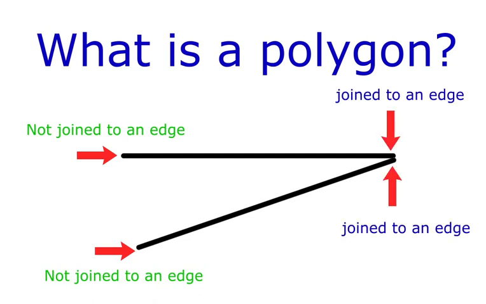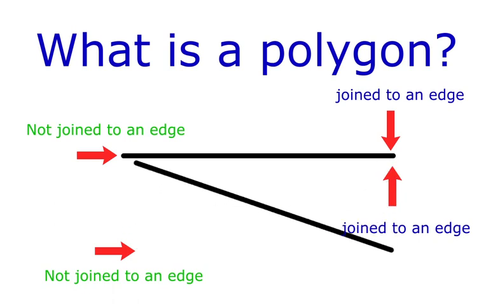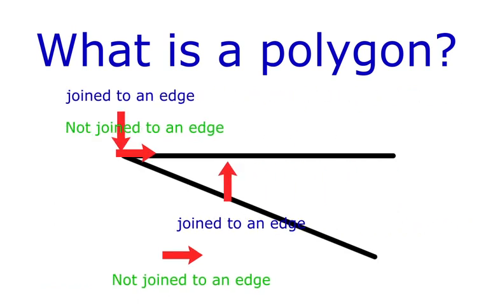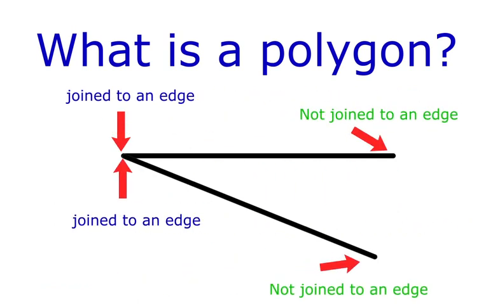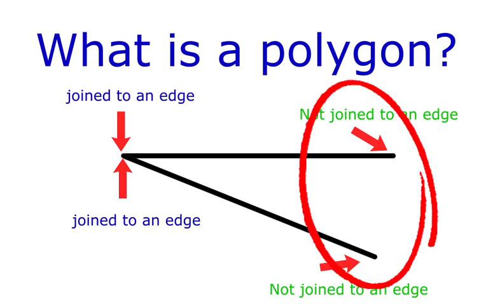But in a polygon, both ends of the edges must be joined to another edge. Now, whichever way you do this, when you only have two edges, there's always going to be one side of each edge that is not attached to any other edge. So this can't be a polygon, and as you can see, it's not a real shape.